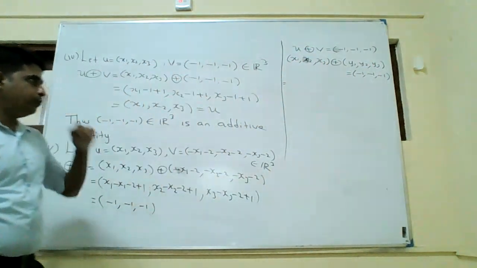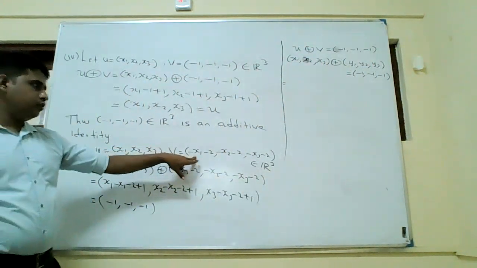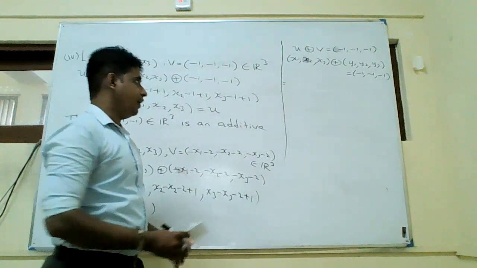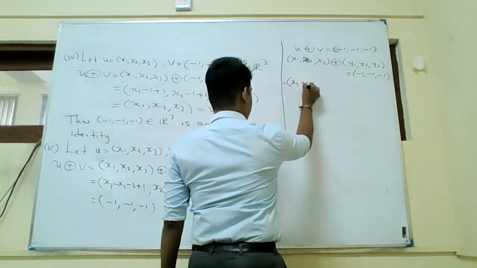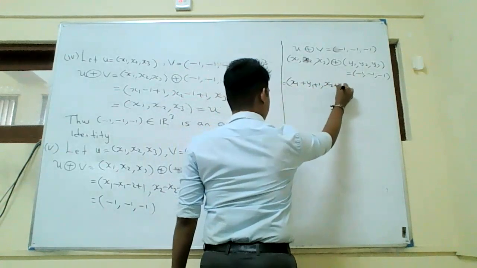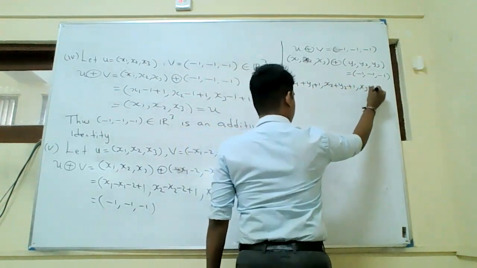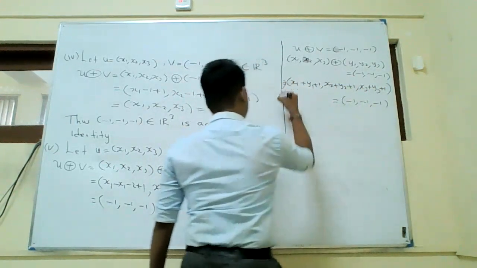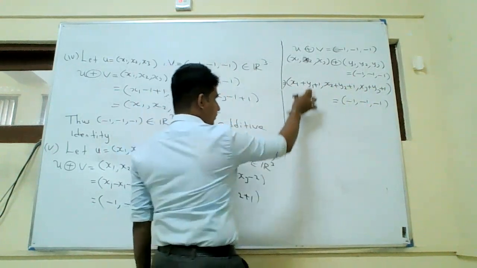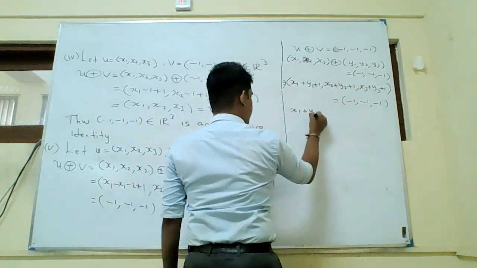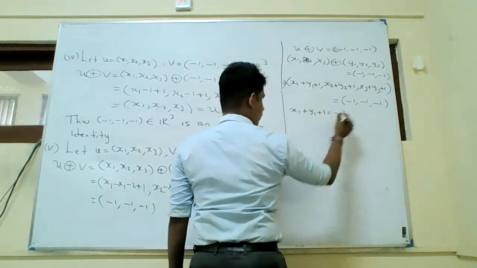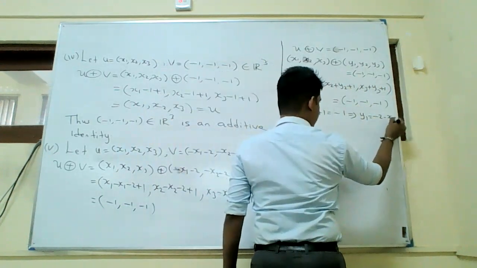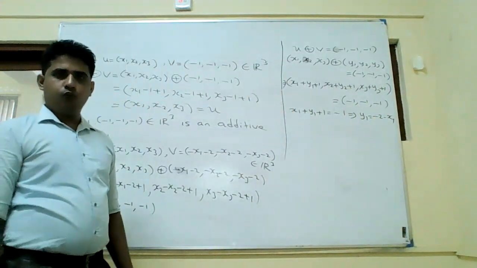Now your claim is you want to prove that y1 equals -x1 - 2, y2 equals -x2 - 2, and y3 equals -x3 - 2. Here x1 + y1 + 1, x2 + y2 + 1, x3 + y3 + 1 equals (-1, -1, -1). Coordinatewise, x1 + y1 + 1 equals -1, which implies y1 is -2 - x1.